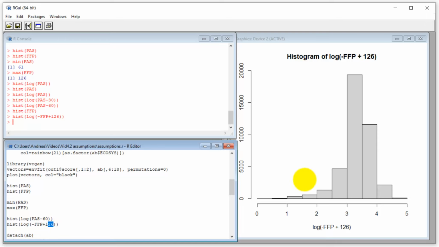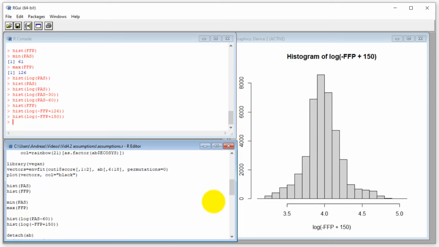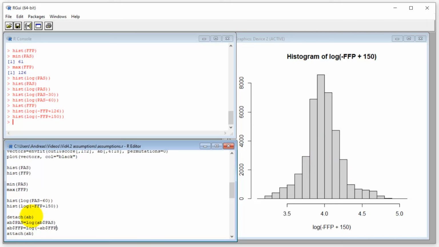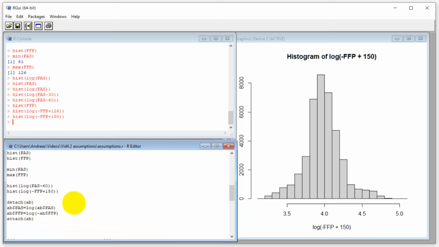So let's move it away from the 0 even further. So we can maybe make that 150 and see how that looks. And well, that looks not too bad. So I think we can work with those types of transformations. If I want to implement this, this is just visualization, and I have now to modify my original data set.